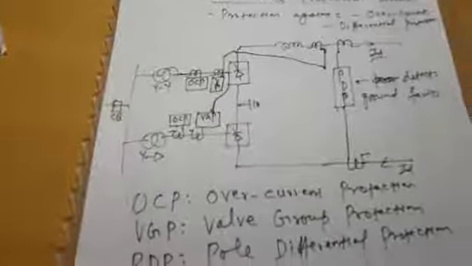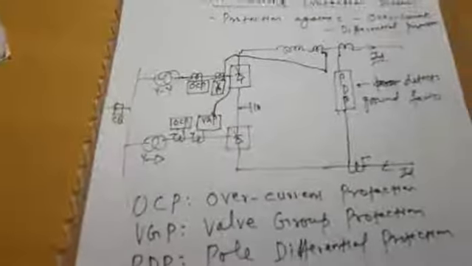And then overcurrent protection is provided like this. It is a simple schematic diagram for providing overcurrent protection to your converter station. This overcurrent protection comprises three components. OCP, which means overcurrent protection, is shown here. VGP means valve group protection, which provides protection to various valves in the converter stations. And PDP, pole differential protection, provides protection whenever there is a fault on the DC side, like a ground fault.